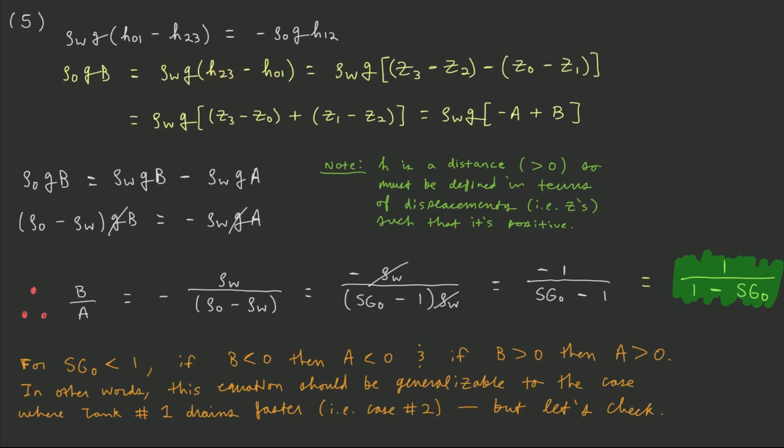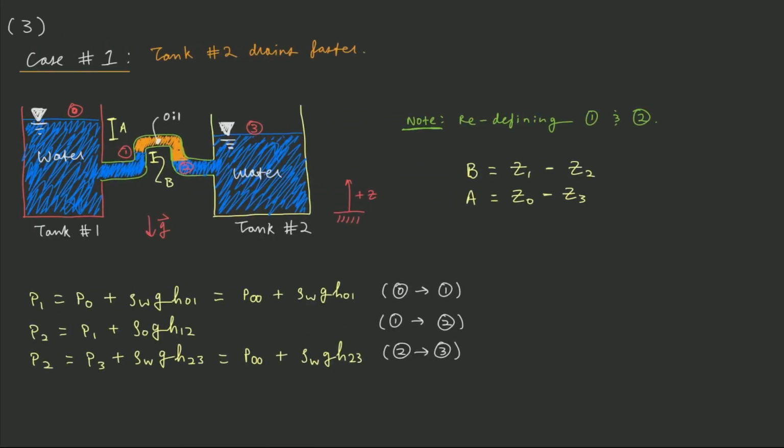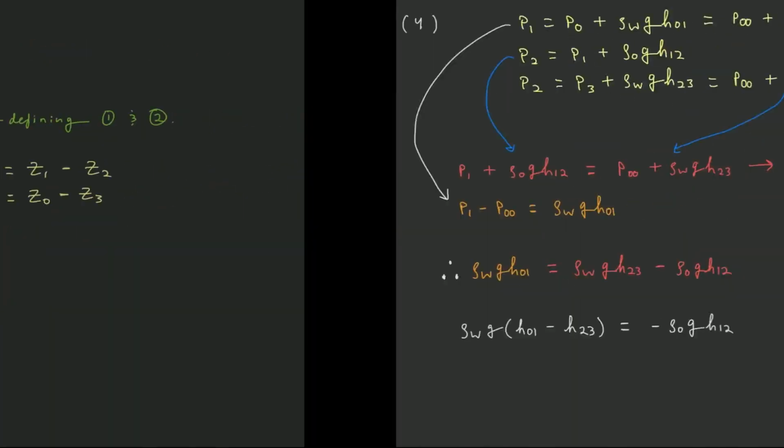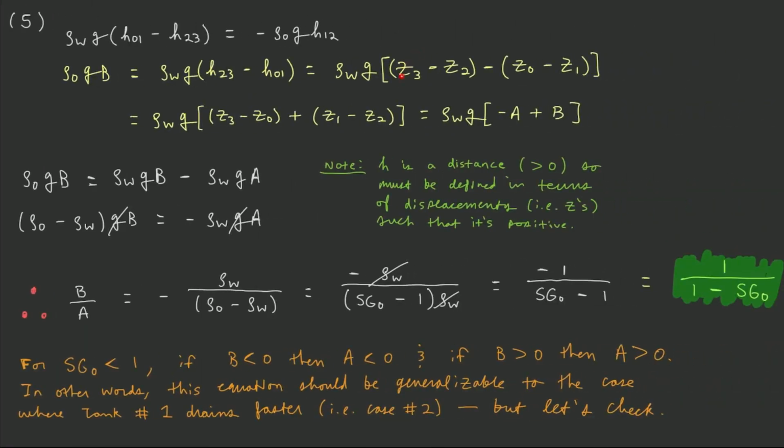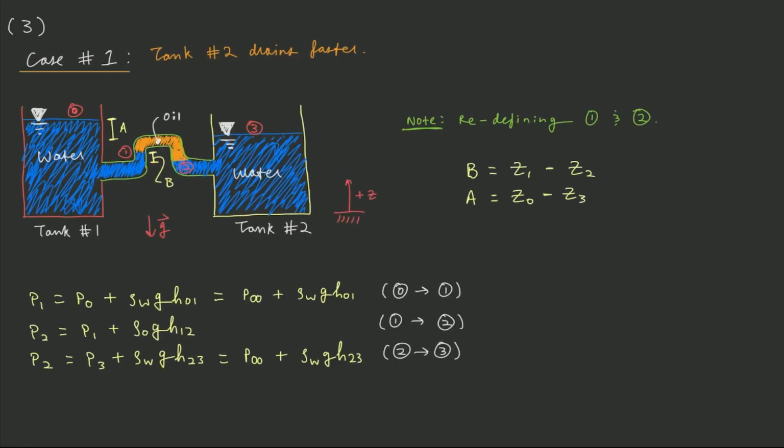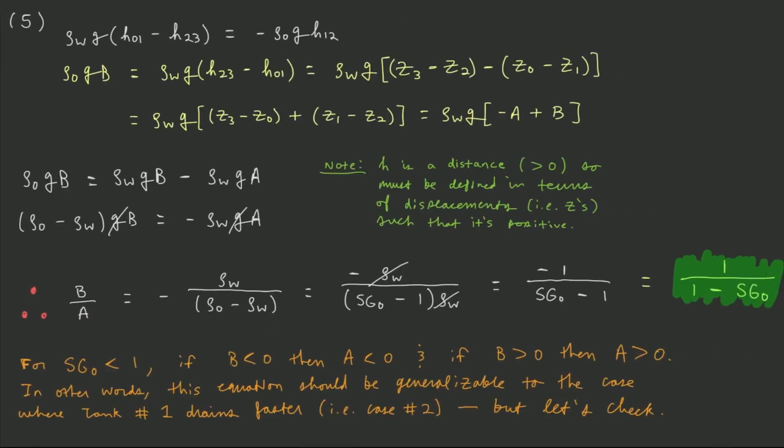h23 is the distance between points 2 and 3. It has to be positive. So the distance between points 2 and 3, you could just say z3 minus z2. So that's where this comes from right here, z3 minus z2. h01 is the distance between points 0 and 1, but that also has to be positive. So that is, as we see right here, z0 minus z1. So that's where we get the z3 minus z2 minus the quantity z0 minus z1.